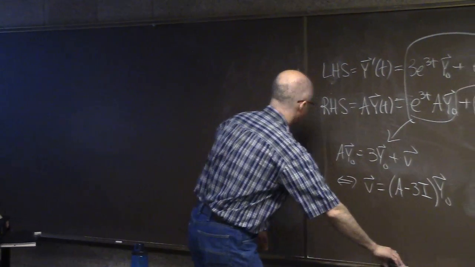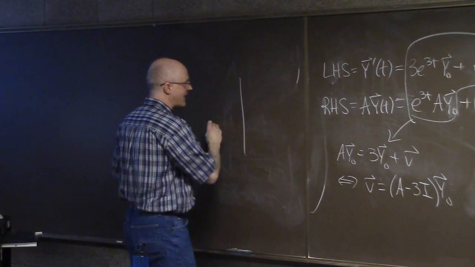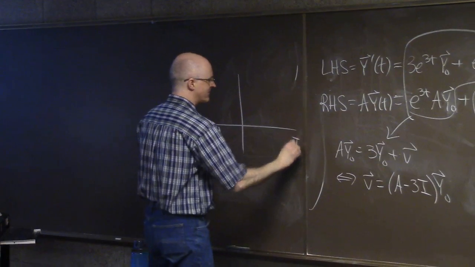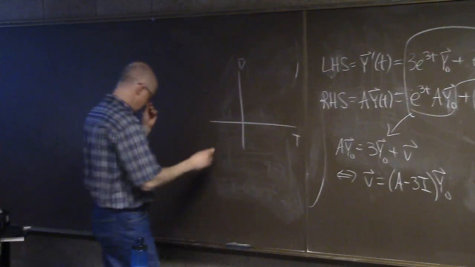It is, in the trace-determinant plane, the boundary between spiraling and non-spiraling. Call this the trace-determinant plane for families of linear systems.